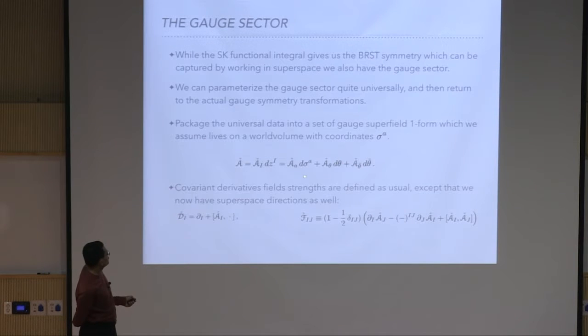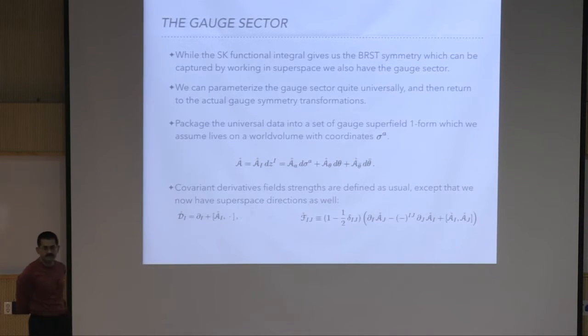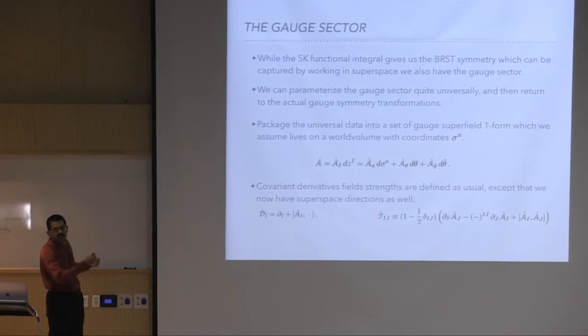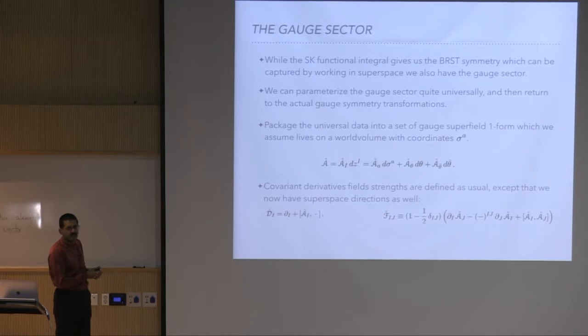It will have a usual one form piece whose coefficient is now a superfield, and then two Grassmann odd form pieces, each of which are themselves superfields. Remember that these have an expansion in theta and theta bar, they have Taylor expansions. This statement is just saying that my tensors can also point in the super directions.